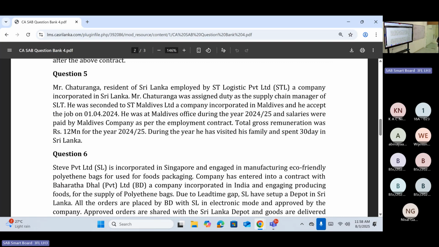He was at the Molecules office during the year 24-25, and his salary was paid by the Molecules company as per the employment contract. Total gross remuneration was rupees 12 million for the year 24-25. During the year, he visited his family and spent 30 days in Sri Lanka.